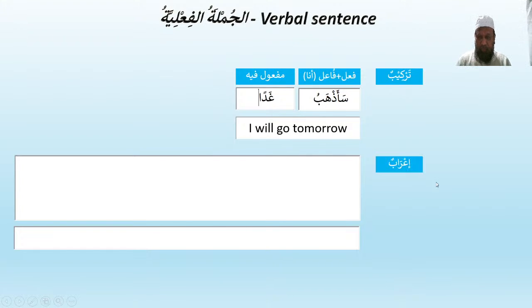And the i'rab, so let's just copy that, paste it here, and make two columns. Now we do the i'rab one by one. So we say: السين.